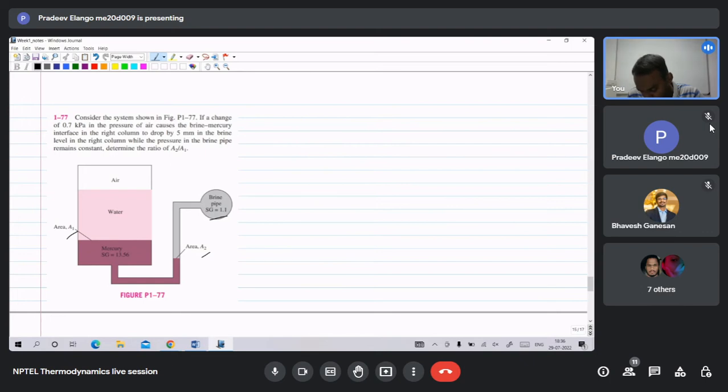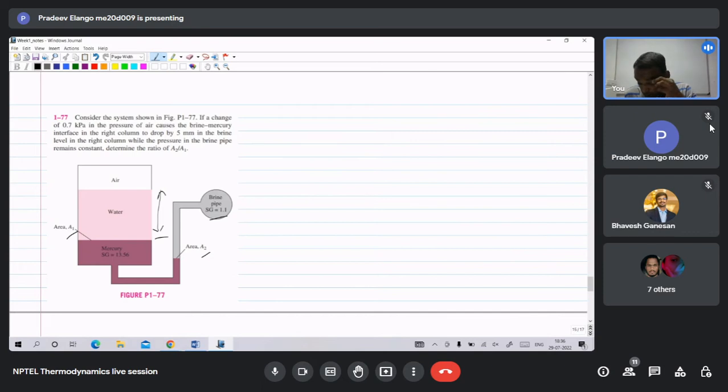The manometer has a manometric fluid of mercury with specific gravity 13.56 at the bottom, and on the right hand limb this mercury is directly subjected to the brine pipe. At the left hand limb, this mercury column has water on top of it for a certain height, and then it is subjected to air.